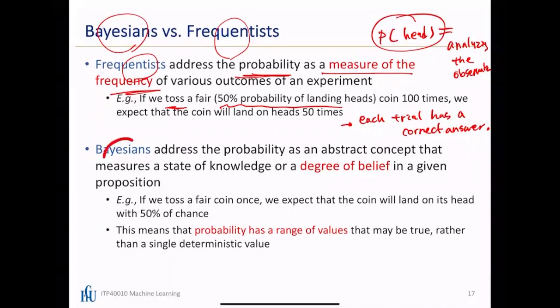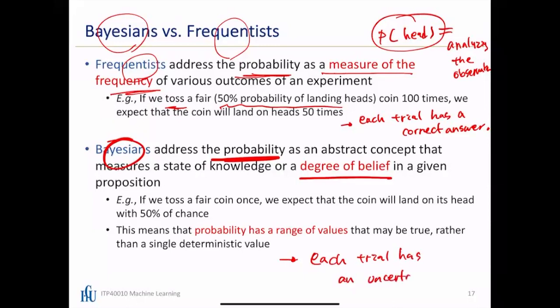On the other hand, Bayesian tries to use probability as a tool to abstract some concept and represent the belief or the uncertainty towards some trial. So here, the big assumption is each trial has uncertainty, and we model the probability as an expression of confidence.